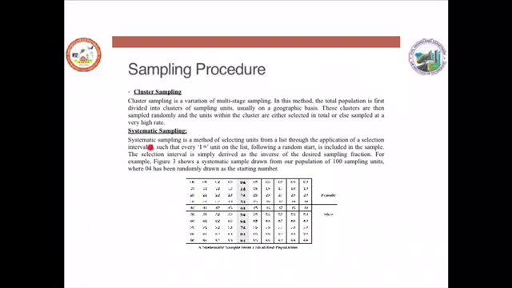Here, when a systematic sample is done, we select every ith unit. Say we have already arranged the population from 0 to 100, and we have stratified it into male and female. Now when the sample has to be taken, we take it in such a way that all the numbers ending with 4, such as 4, 14, 24, 34, 44, 54, are selected.